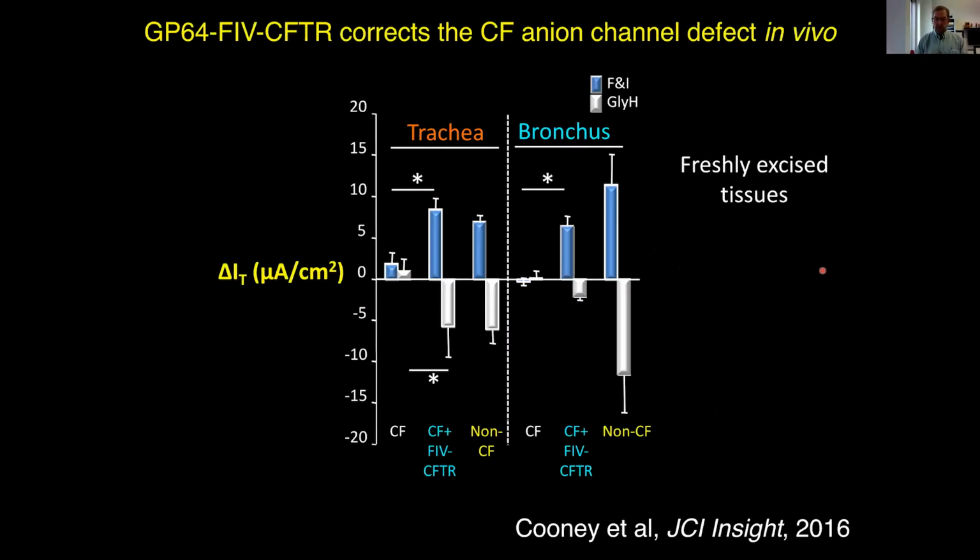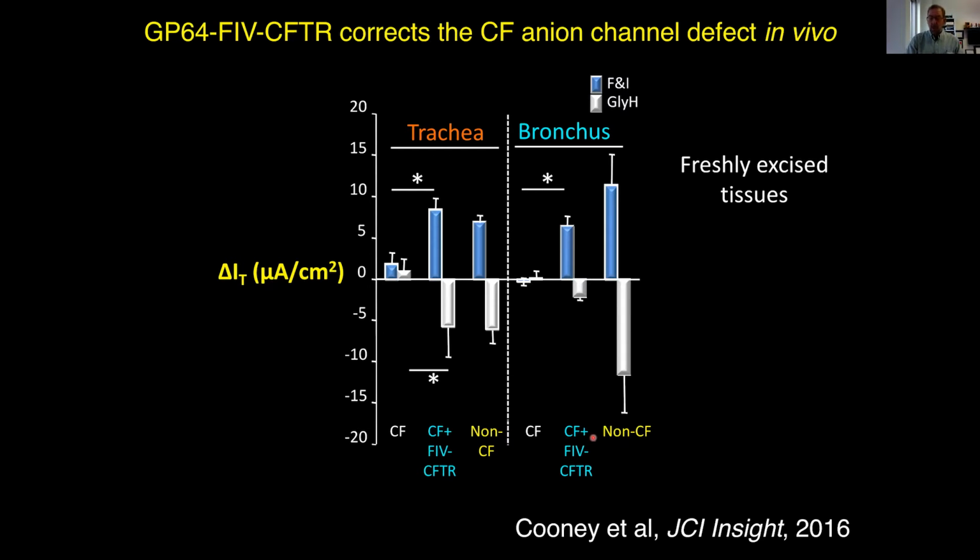I wanted to give you a highlight here where in freshly excised tracheal and bronchial tissues, we looked at CFTR-dependent anion channel activity. And compared to untreated controls in the trachea, we saw nice CFTR-dependent currents, and also in the bronchus.